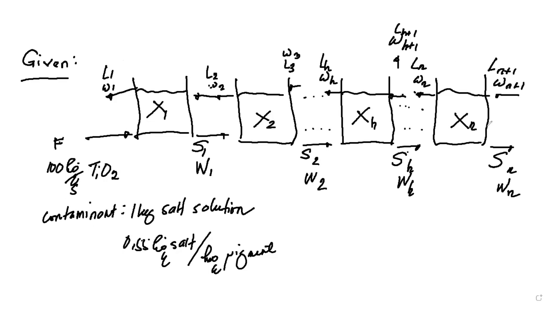Now, our wash liquid is pure water. So then this must be 0. And this one is 200 kilograms per second water. What else?